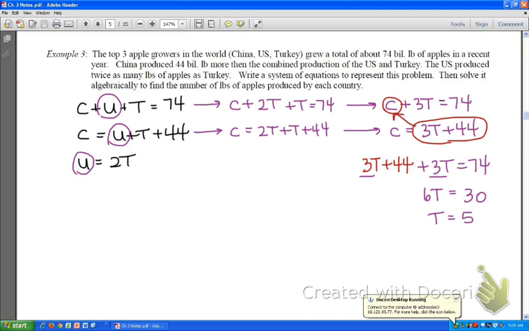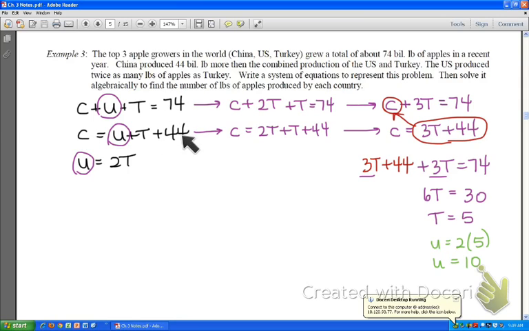All right, what can I find pretty easily after that? I can find u really, really easily, right? I can plug t into this guy right here. So I'll get that u equals 2 times t, which is 5. So u equals 10. And then I can really easily find c using either this equation or this equation.